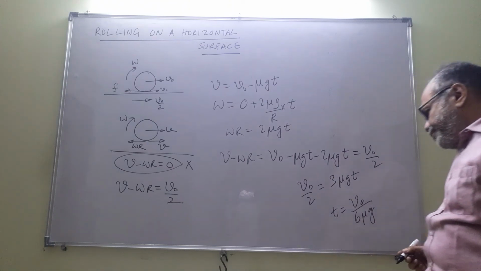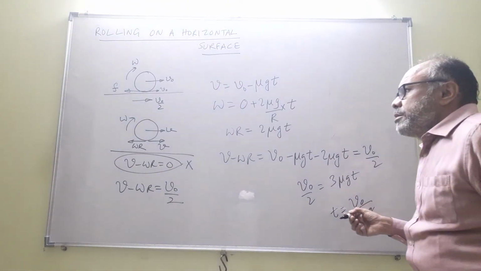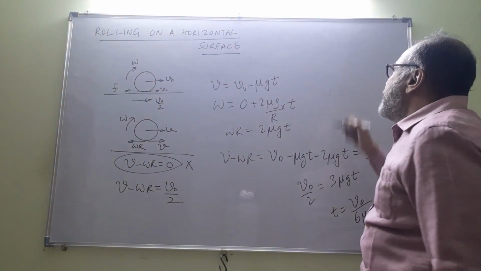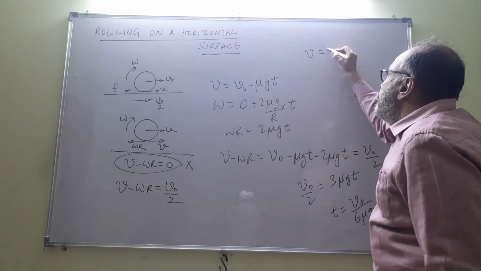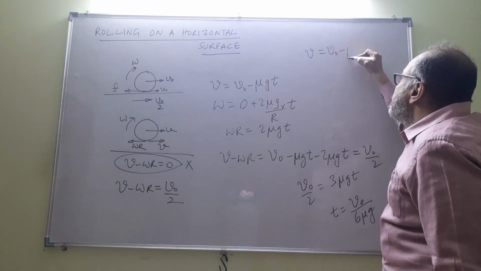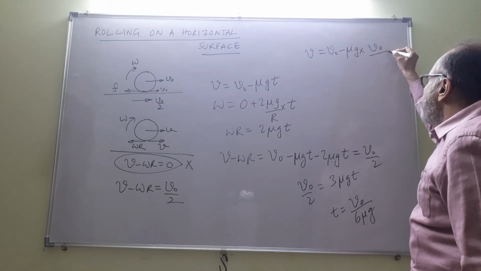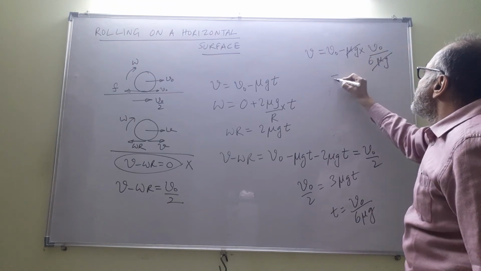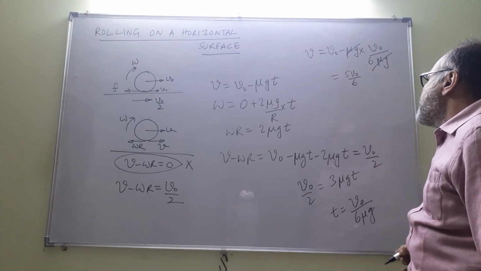Let us get what will be the linear velocity and the angular velocity when this happens. We will use this equation, v is equal to v naught minus mu g into t. t is v naught by 6 mu g. Mu g cancels. You will get this as 5 v naught by 6.